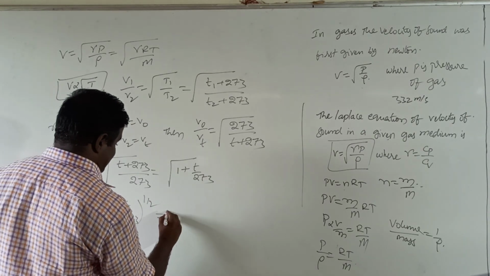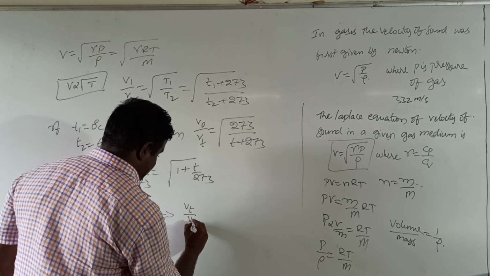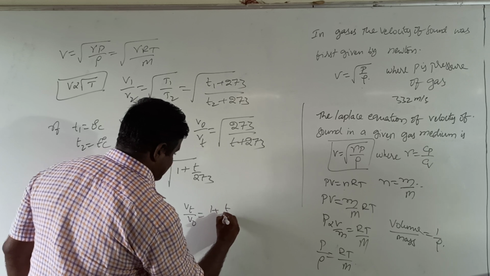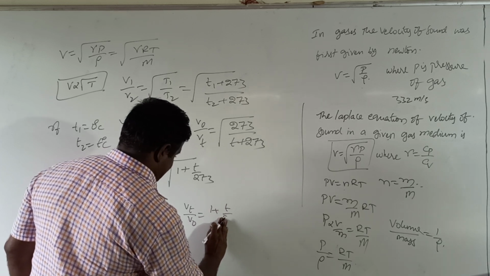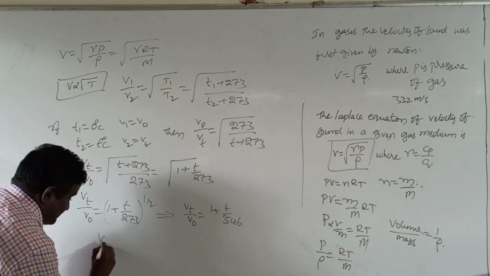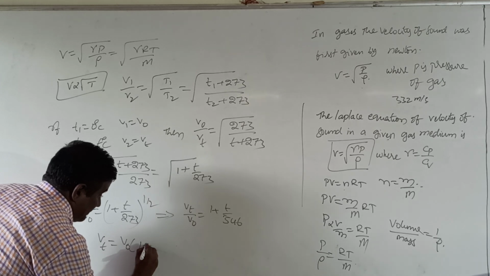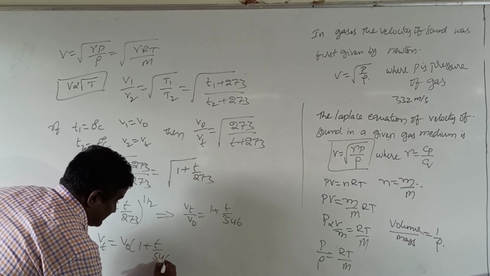From the binomial theorem, we write Vt by V0 equal to 1 plus t by 546. Then the velocity of sound at t degree centigrade, Vt equal to V0 into 1 plus t by 546.